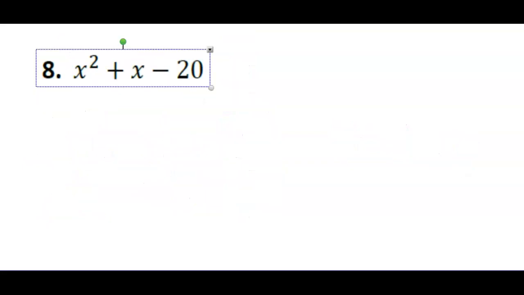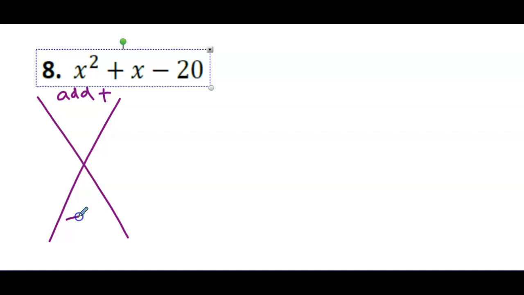I'm going to get you started, and that's it. So number 8, we've got x squared plus x minus 20. Okay, so for your box, I am adding to B, which is a positive, and I am multiplying to a -20.